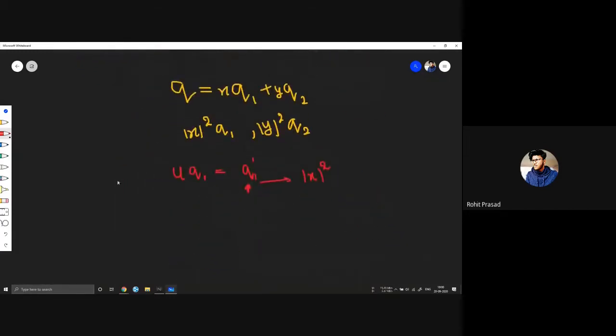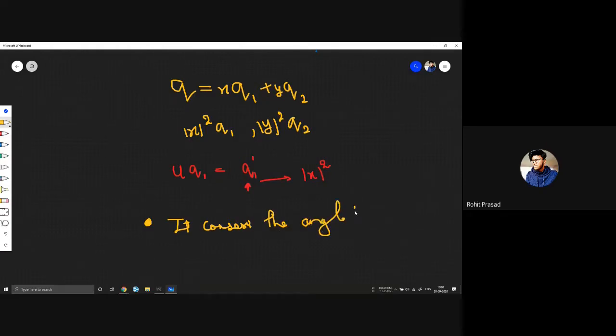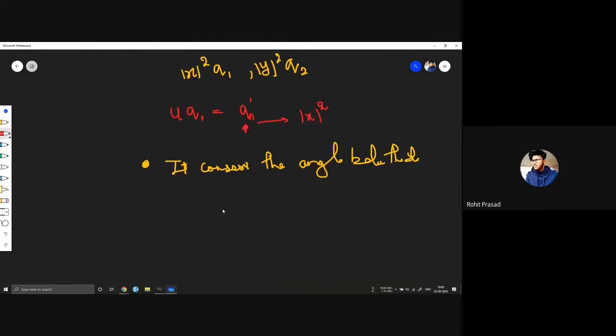The second property that we will be talking about is that it conserves the angle between the states. So let's say we have a state q1 and a state q2, and the angle between them is, let's say, pi by 2.